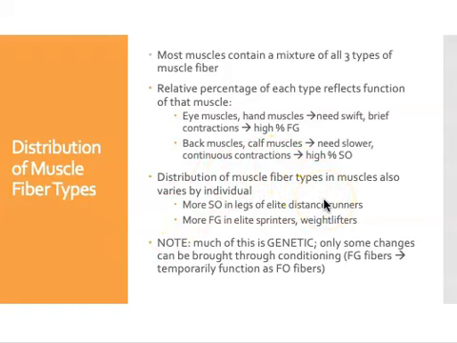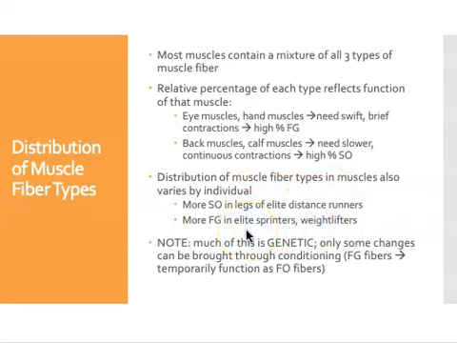Some people simply cannot become elite sprinters or Olympic level weightlifters because they weren't born with the right distribution. So you can bring about some changes through conditioning, that's been shown, but you cannot condition your way to these elite levels of sport unless you were also born with the right distribution of fibers.